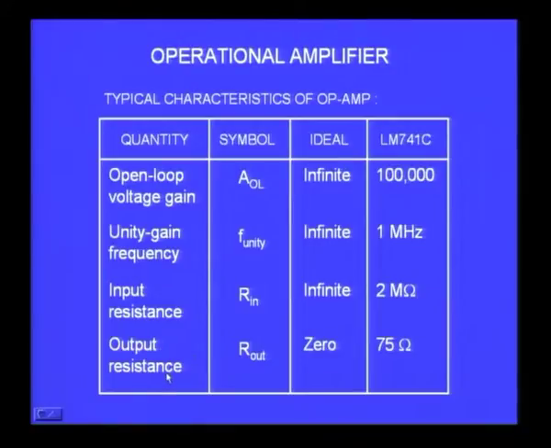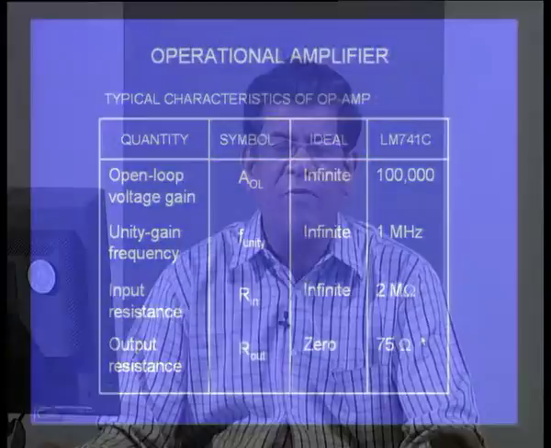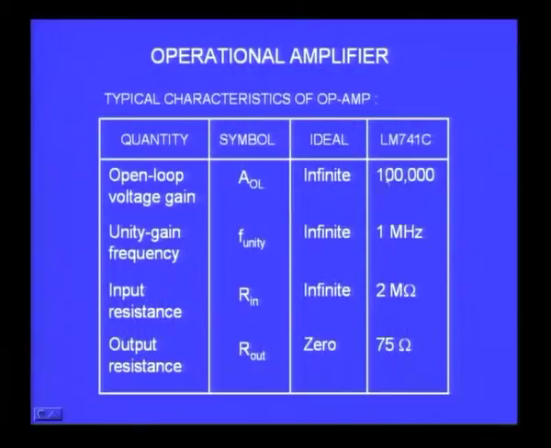Similarly, the output resistance of an operational amplifier in an ideal case should be 0. In an actual case it is about 75 ohms, which is reasonably low, only a few ohms, and therefore you find this 741 is a typical device which is very close to the ideal situation.